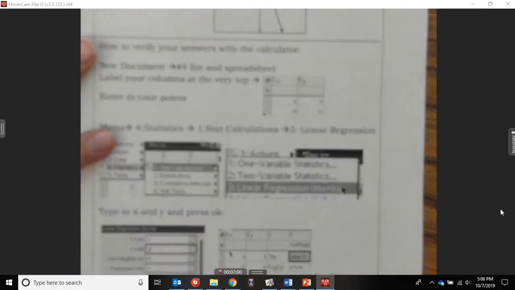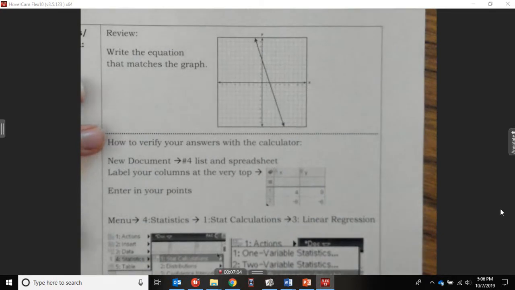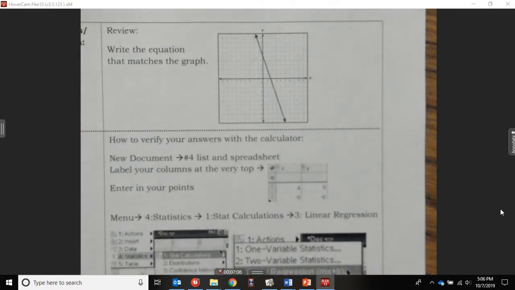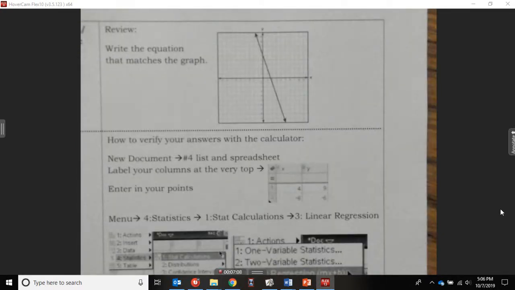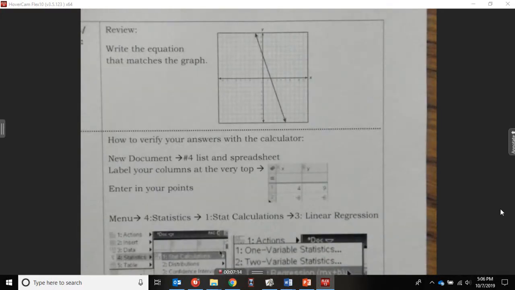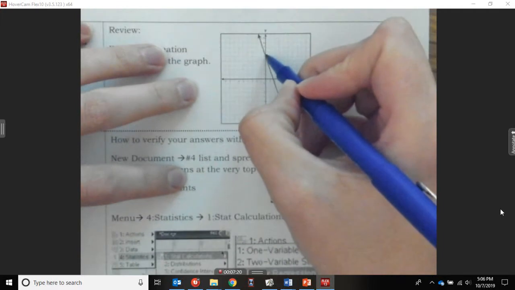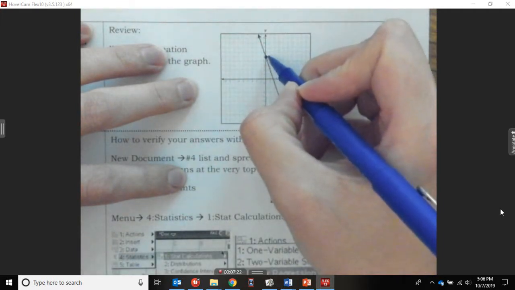Okay, on the back, write the equation that matches the graph. So this is a review of what we did the other day, and just finding points and being able to write your equation. This one starts up here at (0, 5).